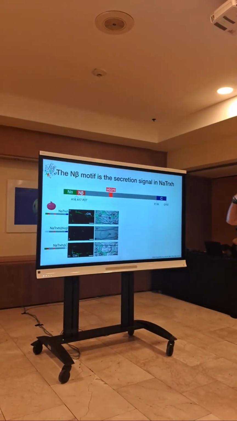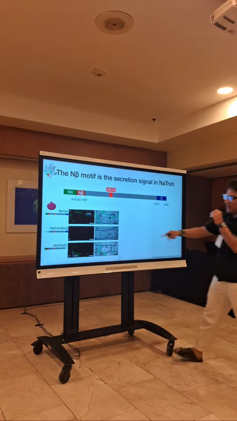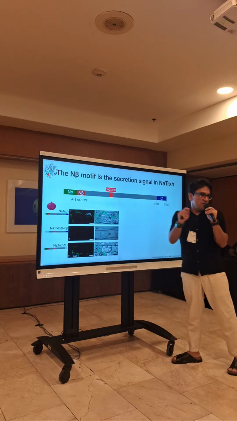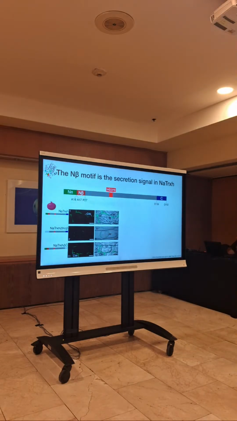I will show you experiments in onion epidermal cells by transient expression assays. So we found that yes, it is in the N extension where the information for its secretion is located, but surprisingly, it's not the alpha domain, the one that was predicted as a signal peptide. It is in the beta domain.